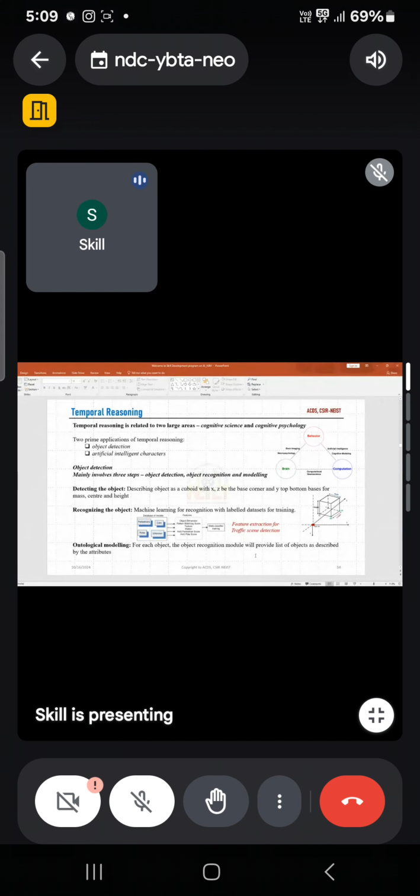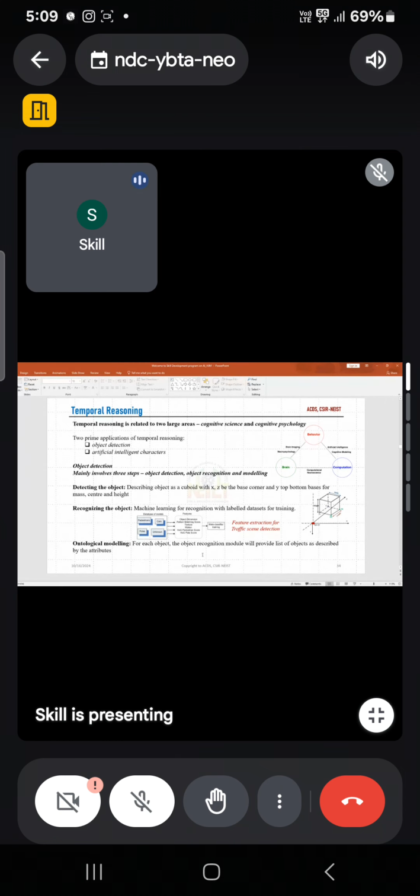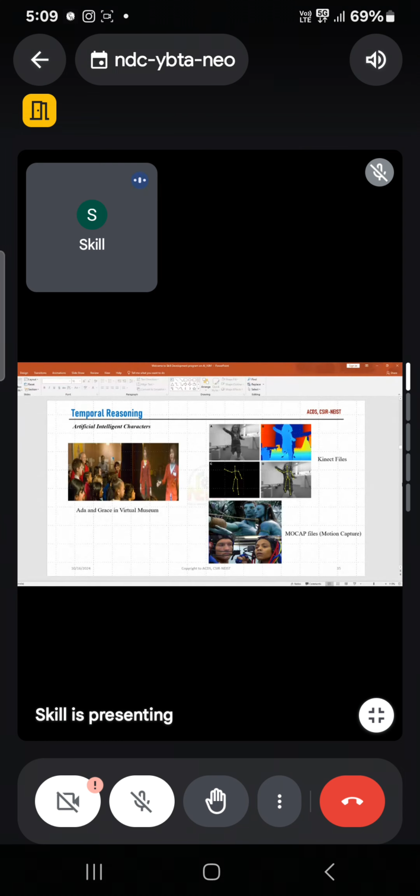So those are the main things required. The next slide also is showing only the applications, how we can apply the AI.